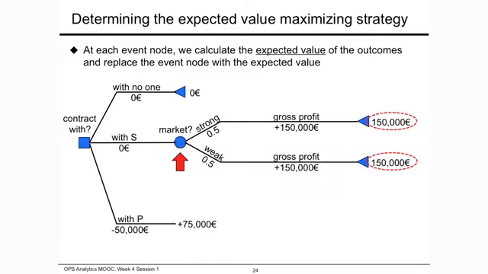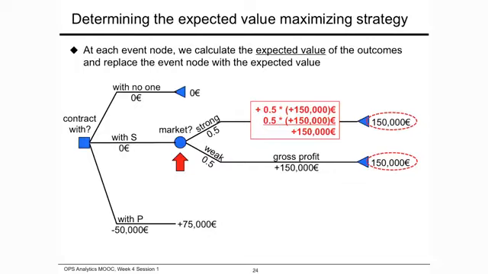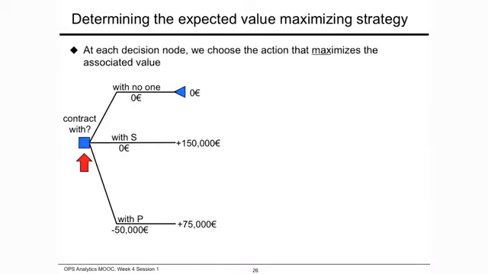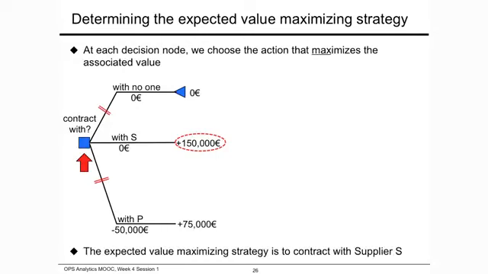We'll take that expected value and replace the event node by it, and finally we can decide who IDEA should contract with to maximize expected value. Here you can see the expected value that's highest is 150,000 euros. That's contracting with supplier S, and so we'll eliminate the two other options. The expected value maximizing strategy for IDEA is to contract with supplier S.